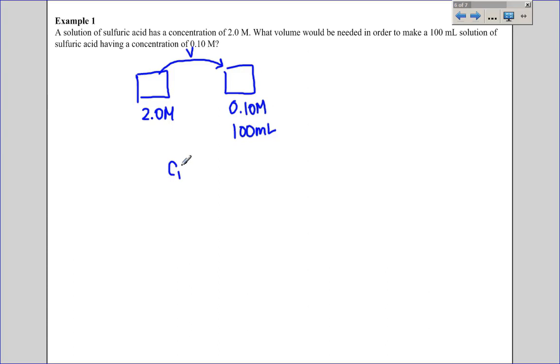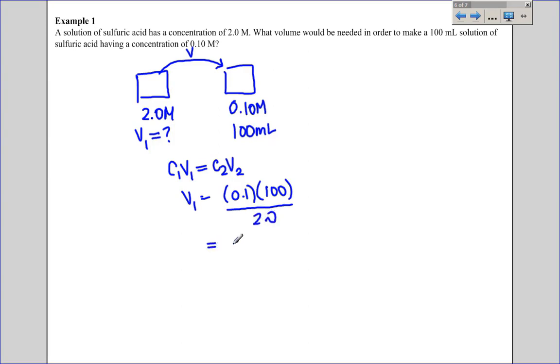So when we look at C1V1 equals C2V2, I'm trying to find how much of this solution I'm going to use in order to prepare this solution. So my V1 is going to be equal to 0.1 times 100 divided by 2.0.